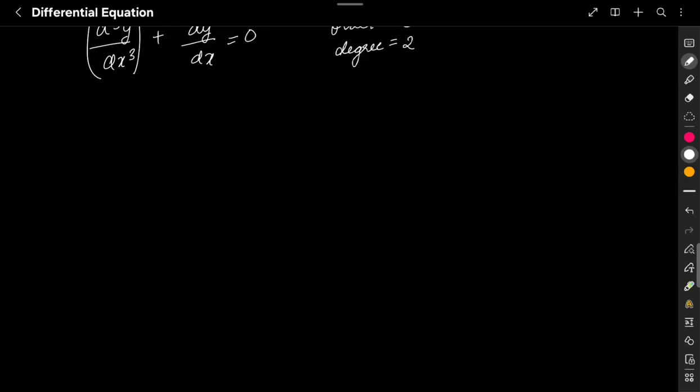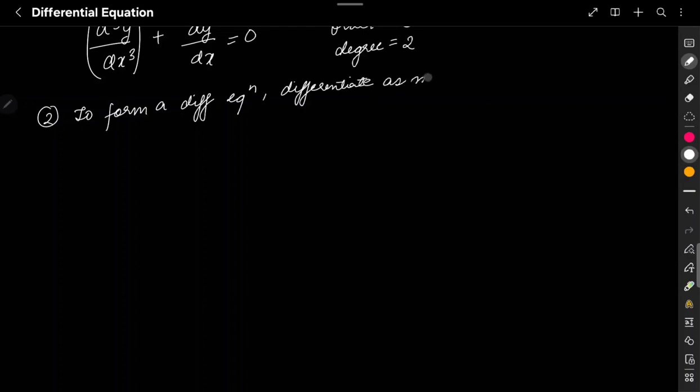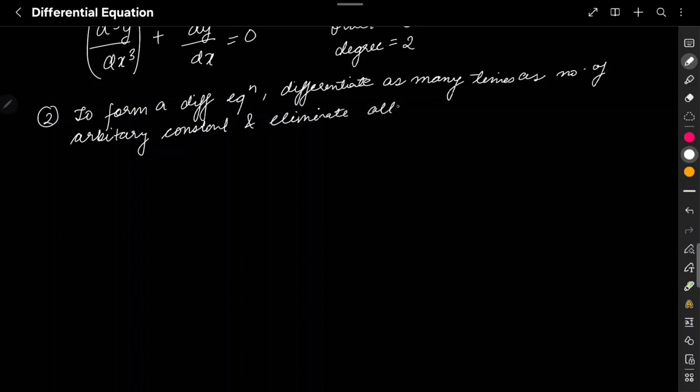So we can write as the second point: to form a differential equation, differentiate as many times as the number of arbitrary constants and eliminate all arbitrary constants.